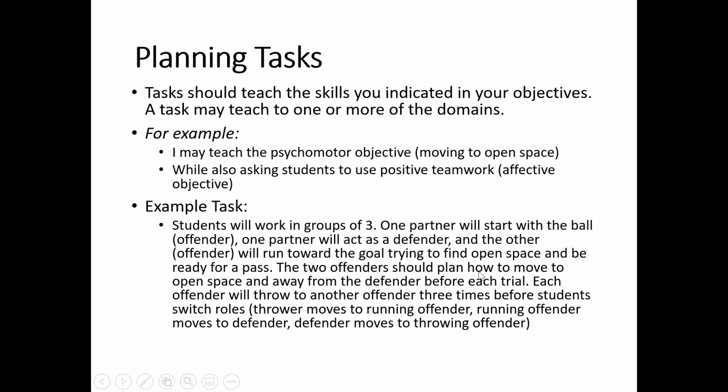The 2 offenders should plan how to move to open space and move away from the defender before each trial. They're going to try 3 times to get a successful pass as the offender is moving toward the goal and moving to open space, while also staying away from the defensive player.